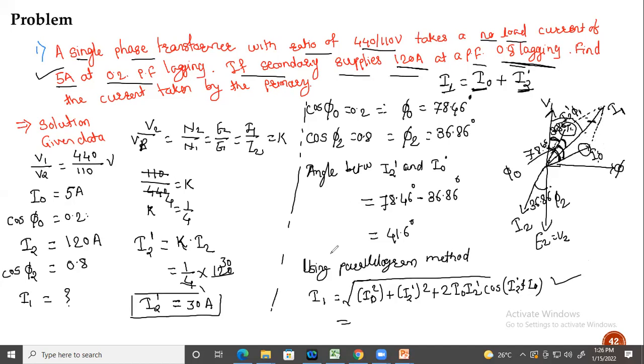Okay, see, put the values and tell me the value of I1. I0 is nothing but 5, square of that, I2 dash is nothing but 30, square of that, plus 2 into 5 into 30 into cos of the angle, which we have calculated as 41.6 degrees. So tell me the value of I1.